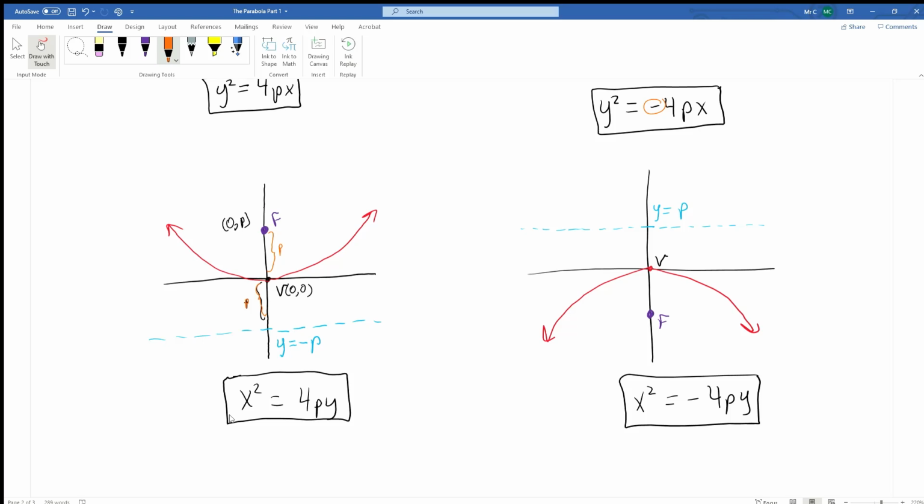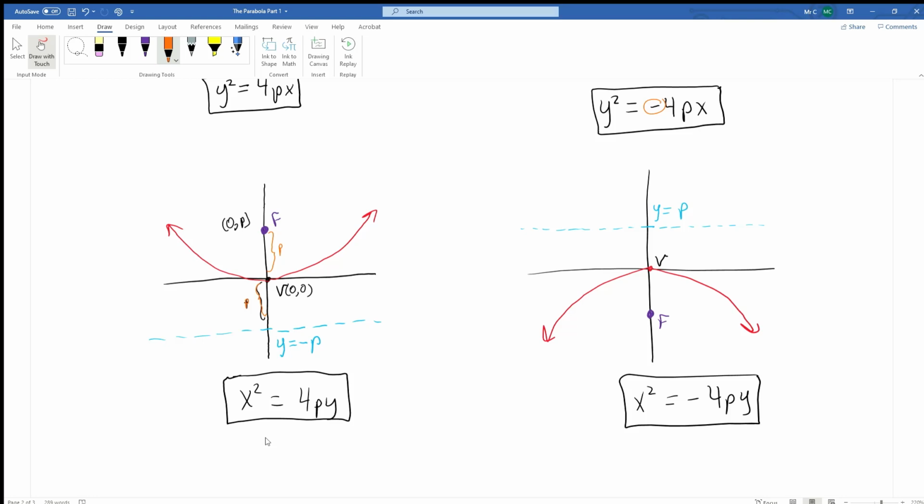Just like in regular old algebra, when you think of your basic quadratic function like y equals x squared, you think, well, x squared tells me it's facing up. That's the same case here, as long as this is positive, x squared equals 4py.